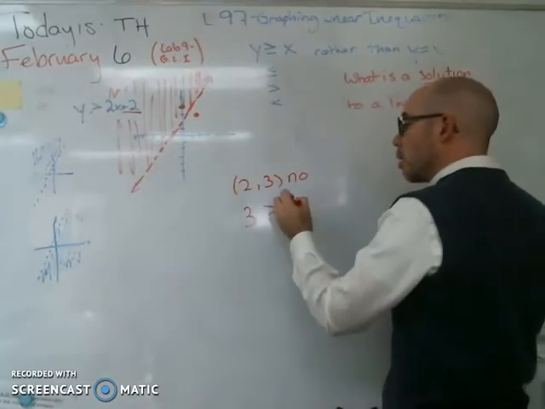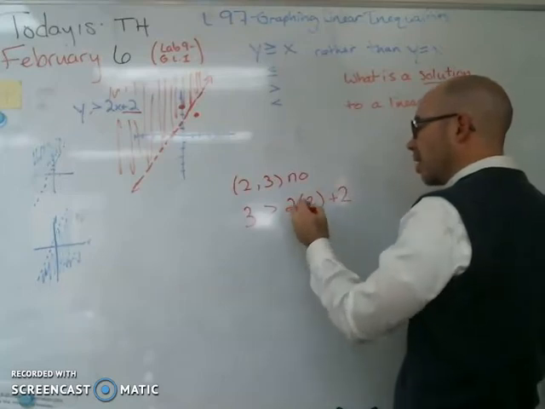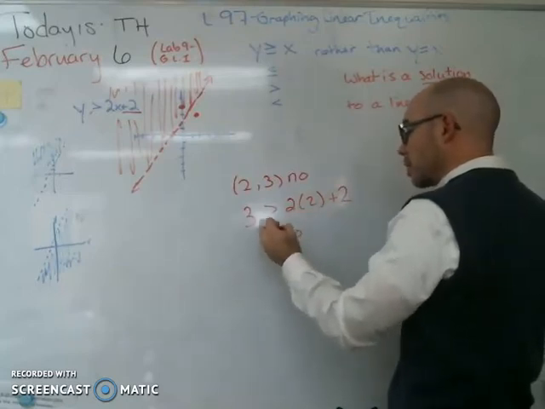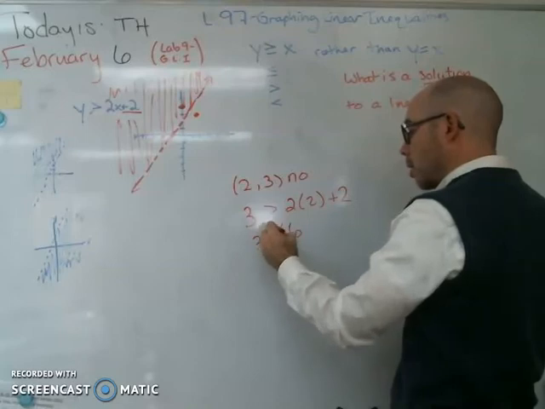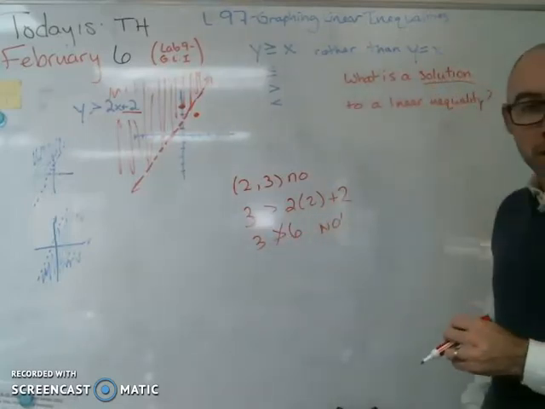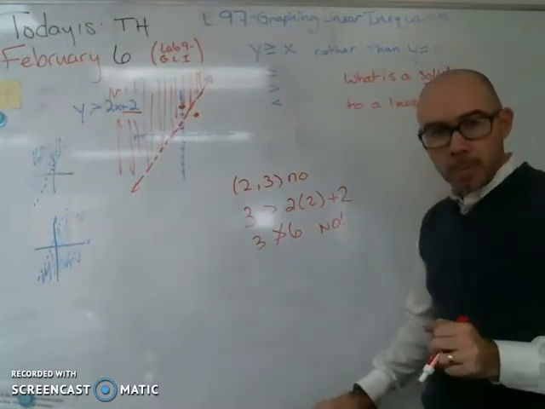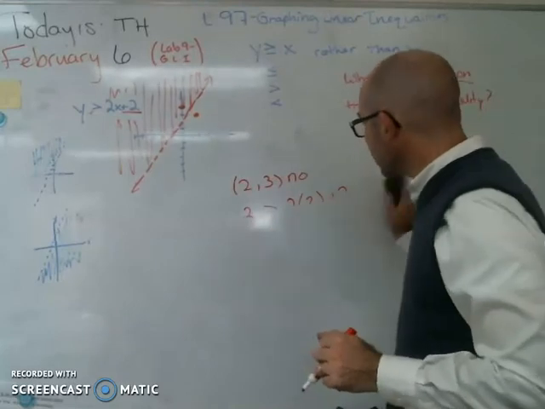Is 3 greater than 2 times 2 plus 2? Well, that's 4 plus 2 is 6. And we'd say, no, it's not. 3 is not bigger than 6. Okay, so algebraically, you double check on that solution.